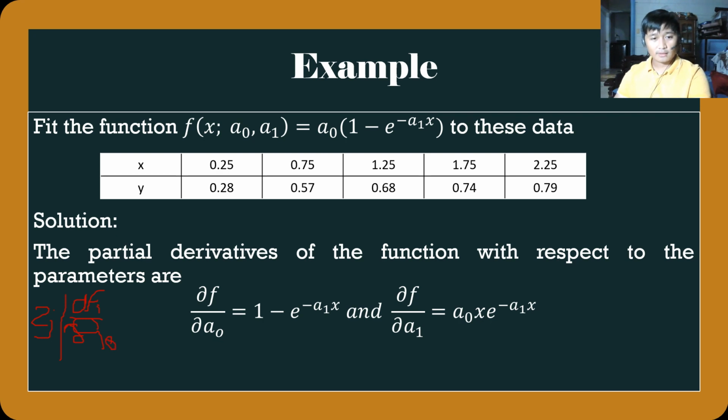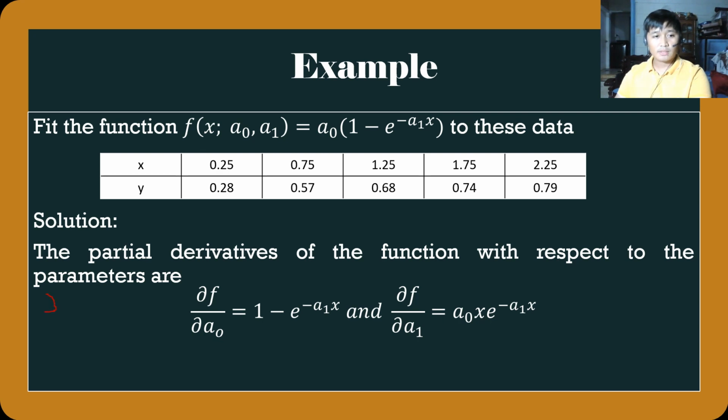Sorry for that, I hope you can understand my penmanship. And then it corresponds to the other column, which is with respect to a sub 1. I have discussed this earlier, and what we have here is the partial derivative.